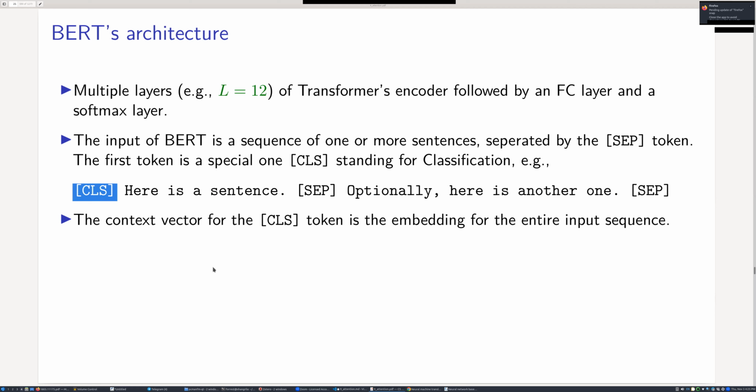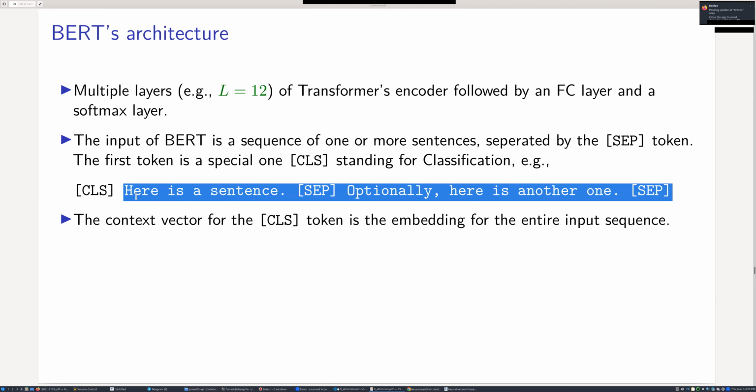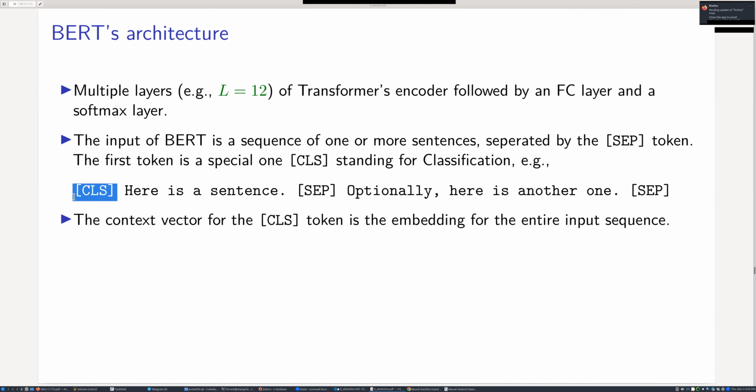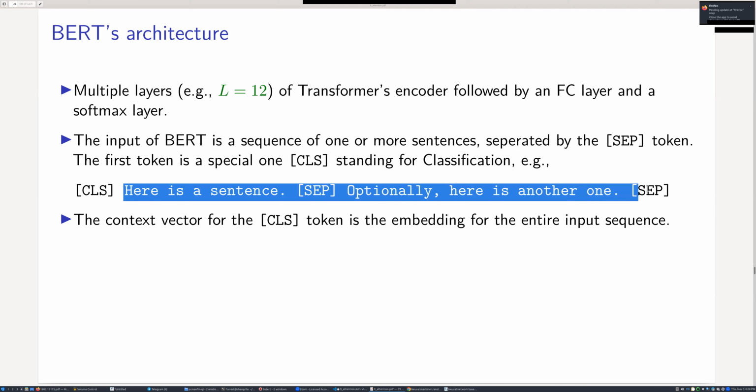BERT does it through training, which means that this special token will have an output, and it just trains the task on the output of this special token and ignores the output of all other tokens. So therefore, hypothetically, through training, this CLS token will contain the meaning of the entire input sequence.